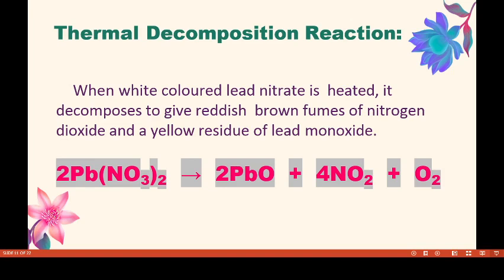So lead nitrate, when heated, decomposes to give lead monoxide and nitrogen dioxide. This is the second example for thermal decomposition reaction.